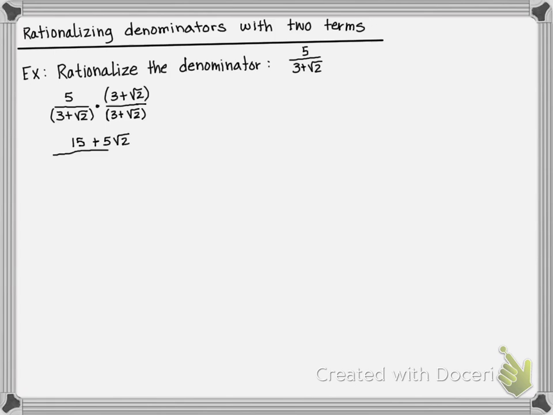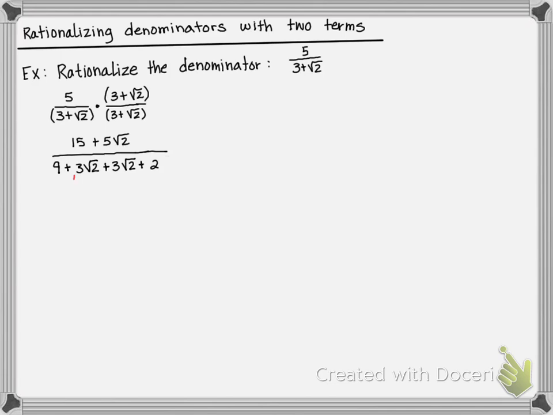And then in the denominator, we would have 3 times 3, which is 9, plus 3 times the square root of 2, plus 3 times the square root of 2, plus the square root of 2 squared. So this one's okay, right? Because when I take the square root of it, I'm going to get 2. So we'll just make that a 2.